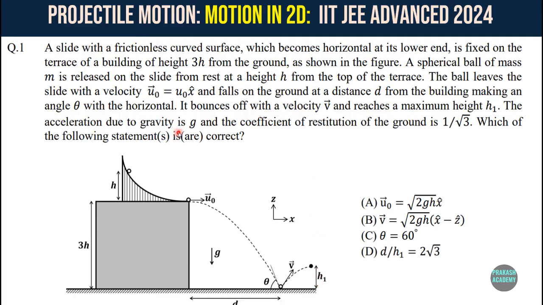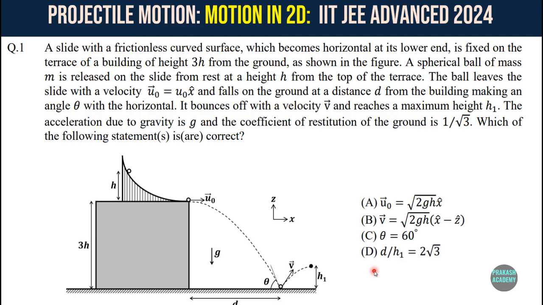We have also been given gravity g, and the coefficient of restitution, that is 1 by root 3. Then we have to find these terms, that is u naught, v, theta and d by h1.